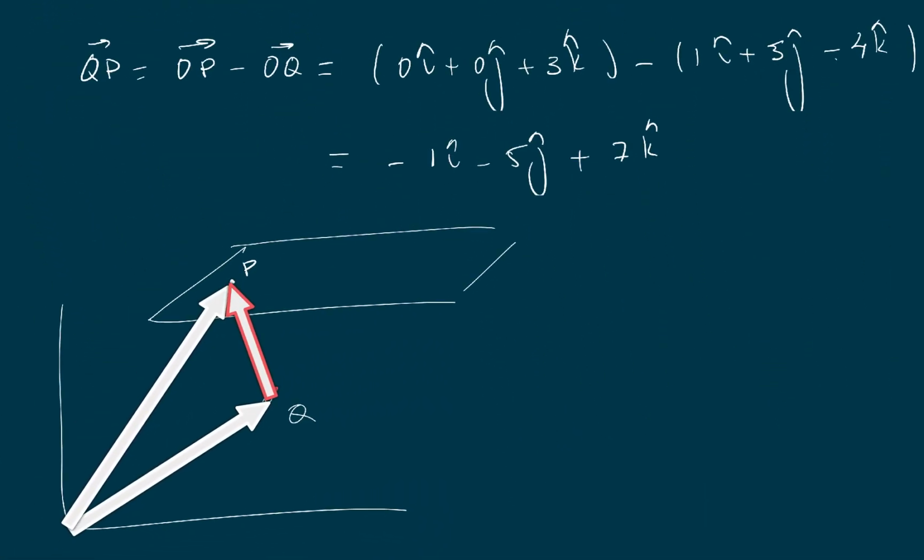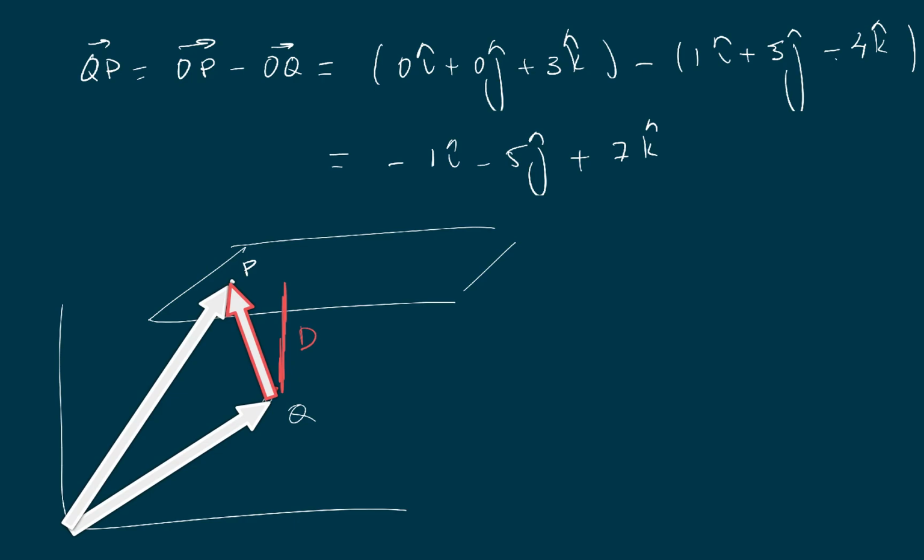This is P, this is Q, we are going to find QP, and the distance that we are finding is this distance D, the perpendicular distance. This line makes a 90 degree angle with the plane, so it goes in the direction of the normal vector.